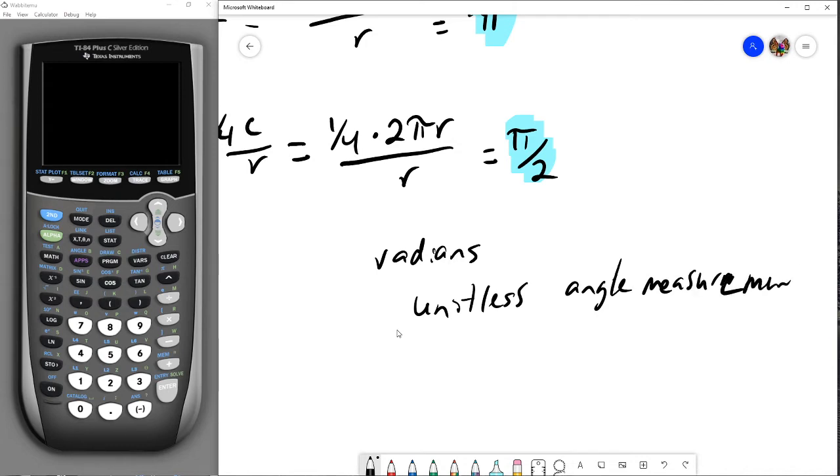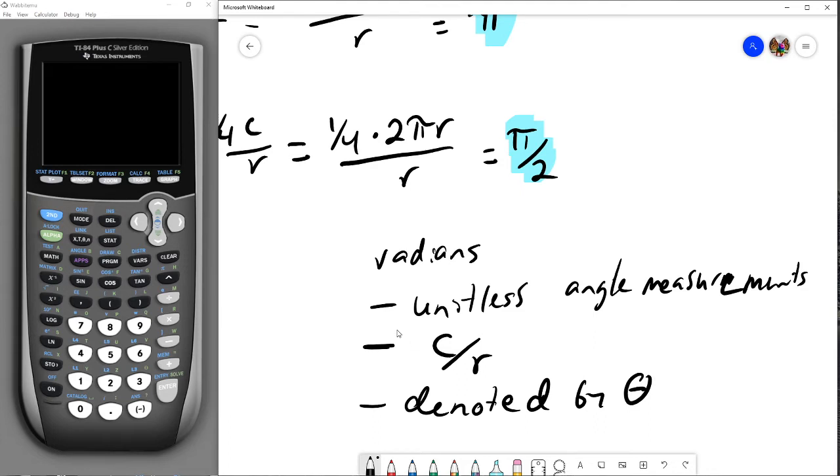That's our first point about radians. We can think of radians as the ratio of the circumference divided by the radius, and we're going to denote radians with our theta. So there are three basic points we can indicate right here and now.